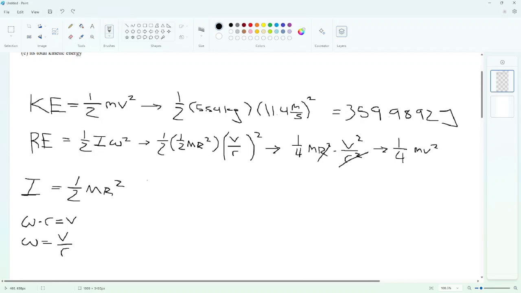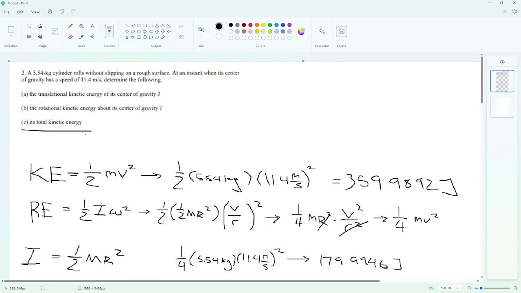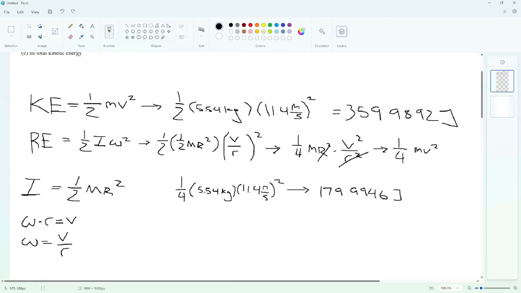So in this case, it's going to be 1/2, well, actually 1/4, times 5.54 kilograms times 11.4 meters per second squared, and this is going to be equal to 179.9946 joules.